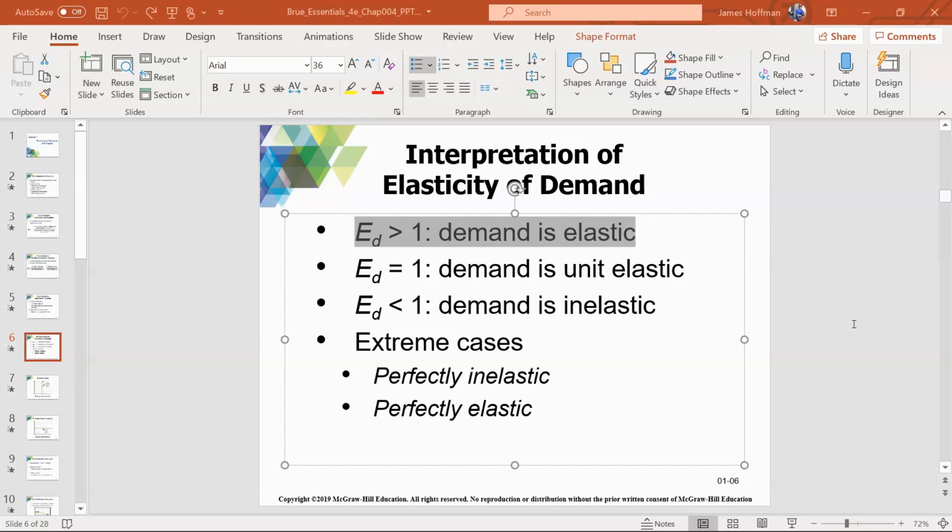The demand curve for a relatively elastic good is downward sloping but relatively flat. And if I had an example, I can show you what I mean here.